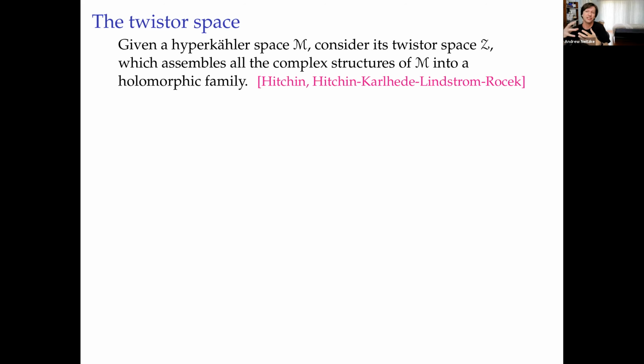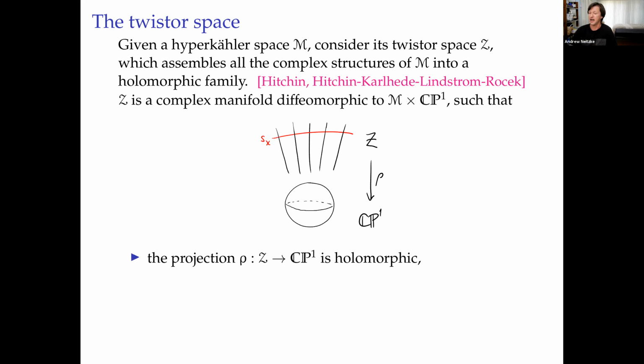The twistor space is this higher dimensional complex manifold, which kind of assembles all the complex structures of M into a single holomorphic family. So the picture is like this. The twistor space is diffeomorphic to just M cross CP1, and has a projection down to CP1, which is a holomorphic projection.